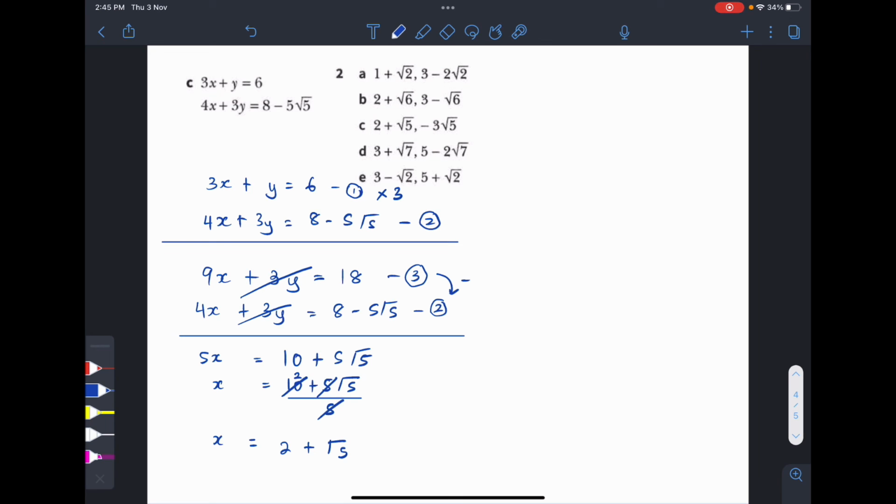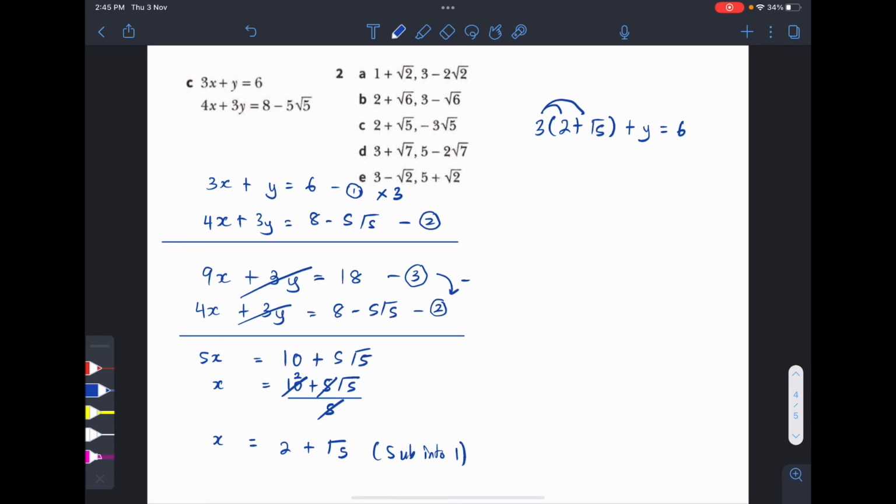Now, let's go and substitute it into, let's see what's easy. I'm going to substitute into equation number 1. I'm just going to write here sub into 1. Okay, there you go. So it will become 3 times 2 plus root 5 plus y equals 6.